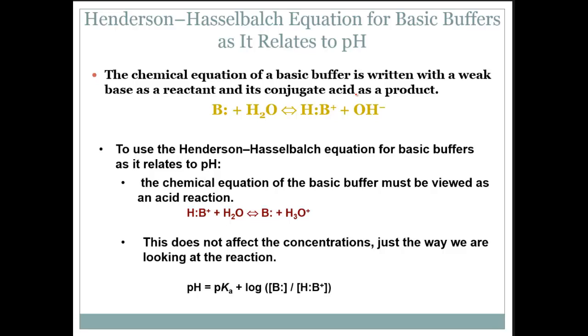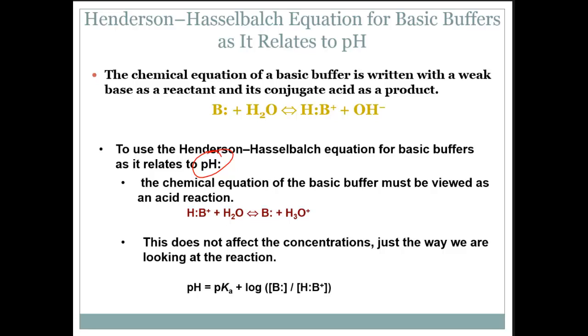The chemical equation for a basic buffer is written with a weak base as the reactant and a conjugate acid as the product. To use the Henderson-Hasselbalch equation for the basic buffers, it relates to pH, not pOH. The chemical equation for the basic buffer must be viewed as an acidic reaction.